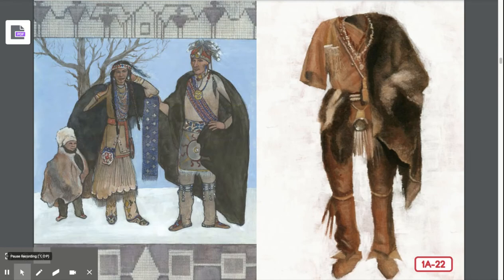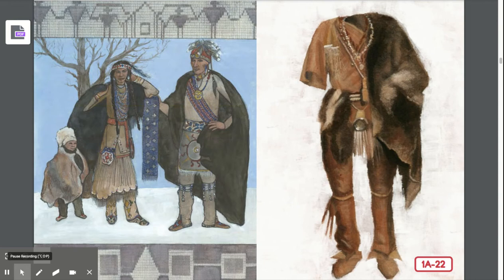What do you see in this picture? Did you say men, a boy, clothing, some colors on the clothing, but most of the clothing in browns or blacks or grays?